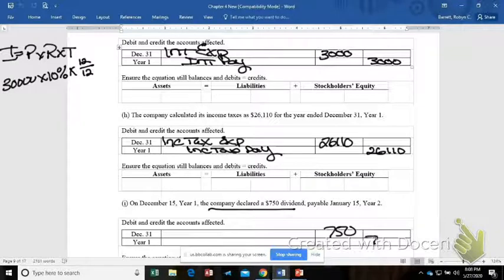The easy part is it tells you exactly how much, so you would debit $7.50 and credit $7.50. The words are dividends declared and dividends payable. It is that simple.